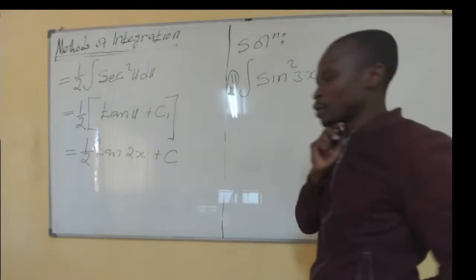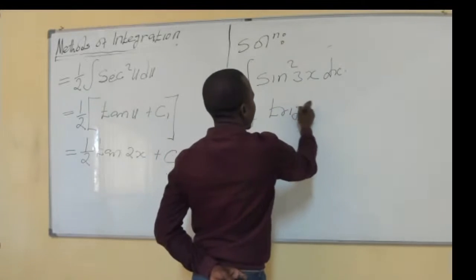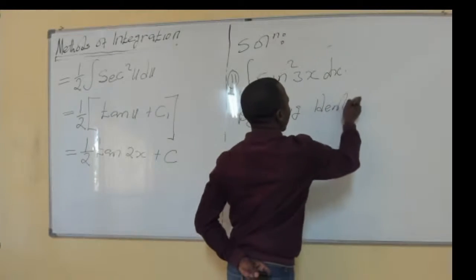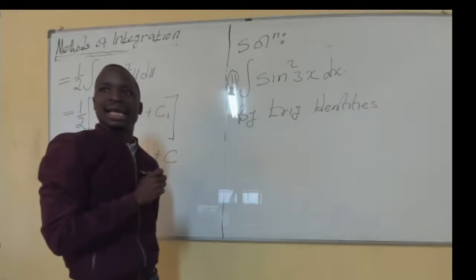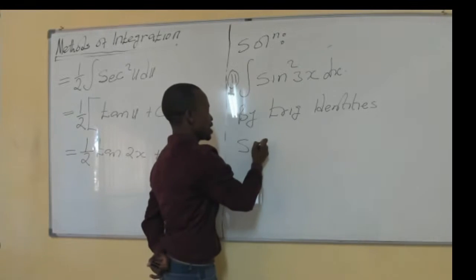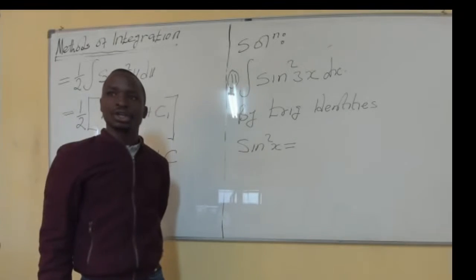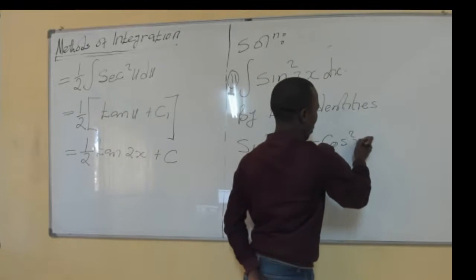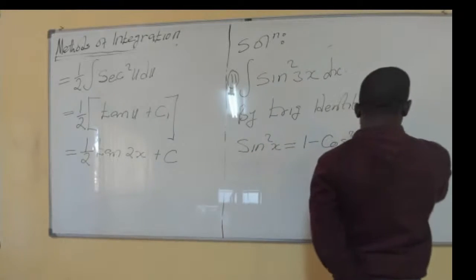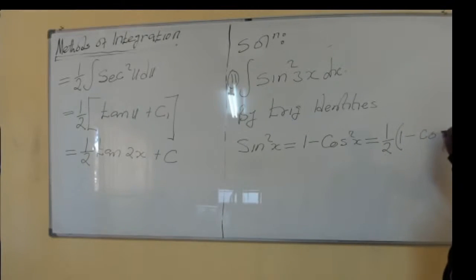Now, by trigonometric identities, remember that the sine squared of x is equal to what? If you can recall, it is equal to 1 over 2 multiplied by 1 minus the cosine of 2x. Isn't it?